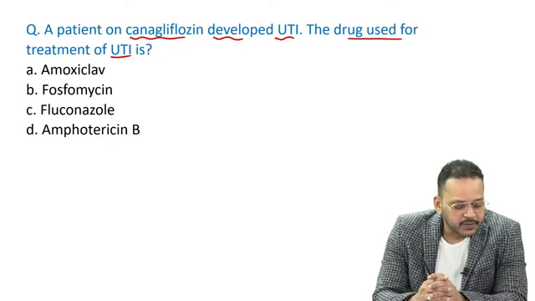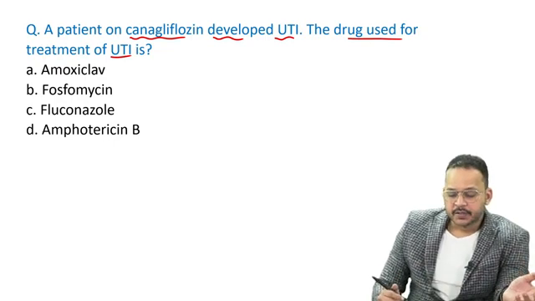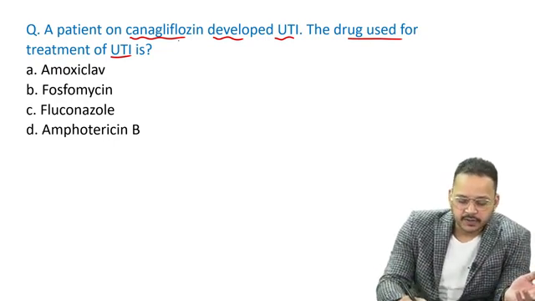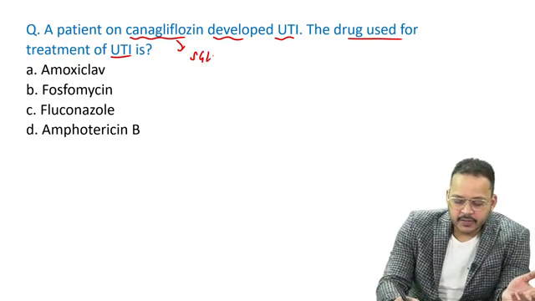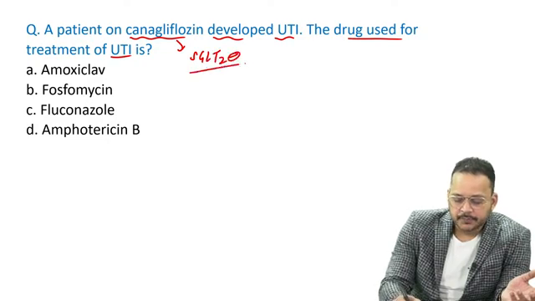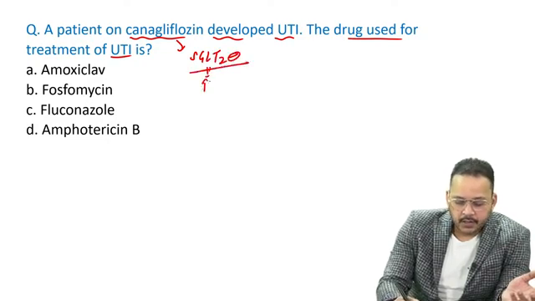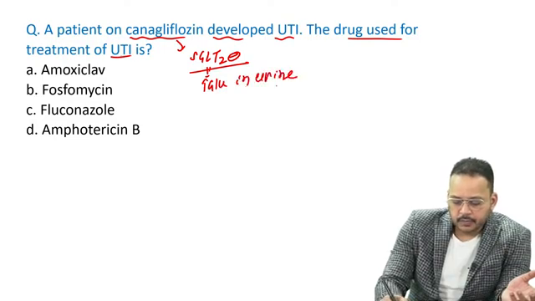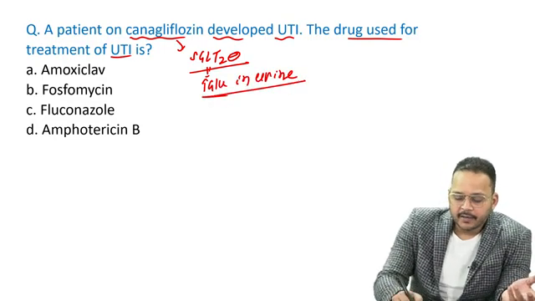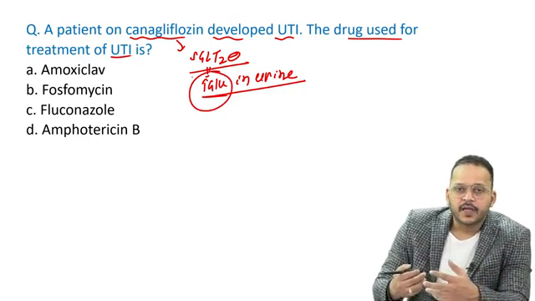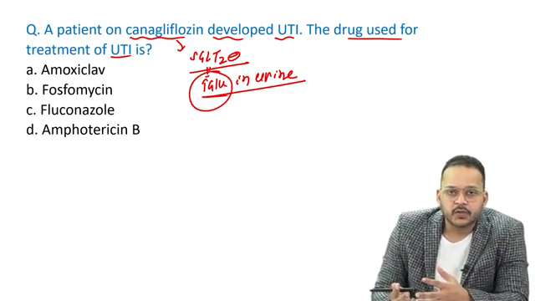It's not a difficult one because I've taught you this. What is canagliflozin? It is an SGLT2 inhibitor. It will increase what in urine? Glucose in urine. And if you remember, why did we have a lot of mucormycosis during COVID?